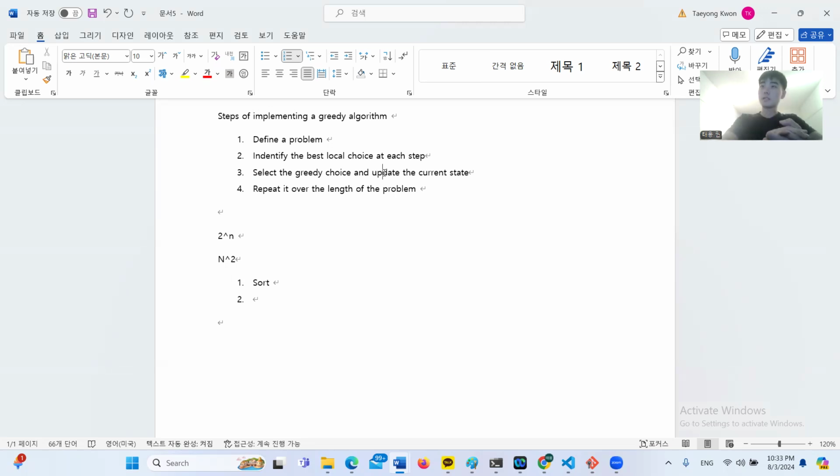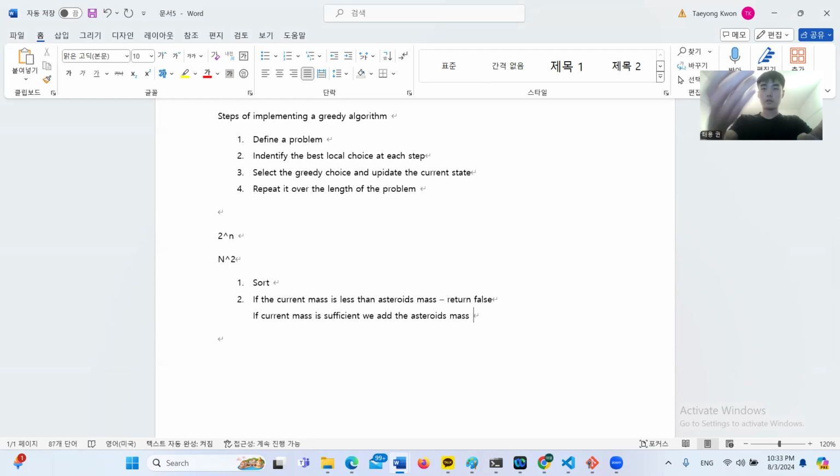If the current mass is less than the asteroid's mass, return false. If the current mass is sufficient, we add the asteroid's mass and move on. And return true if all asteroids are destroyed.